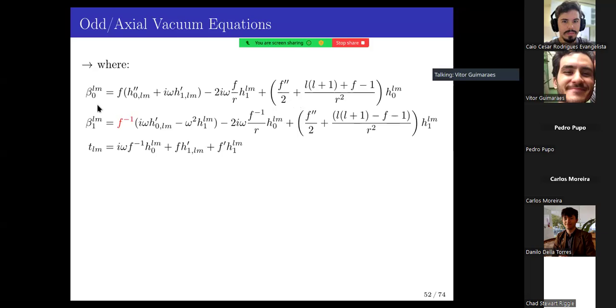Okay, but I wanted to present this way for you because there is no reference that I could find that presents the equations in such a general form. I had to develop them to construct the code in Sage Math and Sage Manifolds to get to these equations and see the dependencies of f, because in my research, what I do to the metric changes this function f from the usual Schwarzschild one.